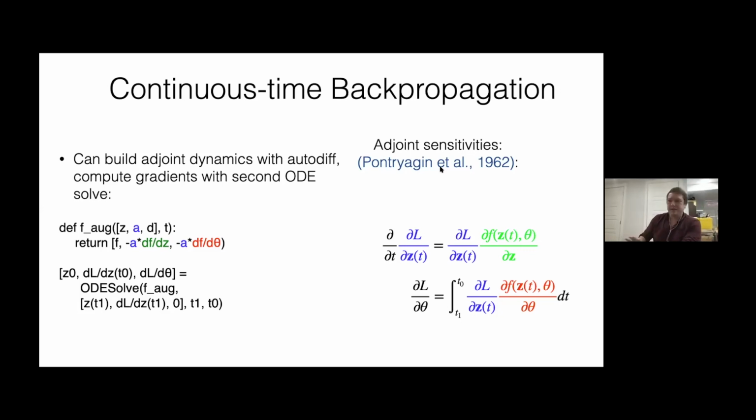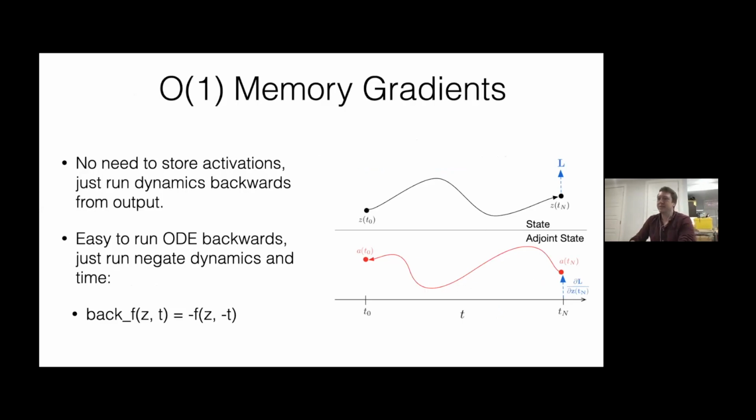Okay, any questions about this continuous time background? Okay, so the cool thing about this is that this reduces the memory cost of doing backprop to just the cost of computing one layer's activations.